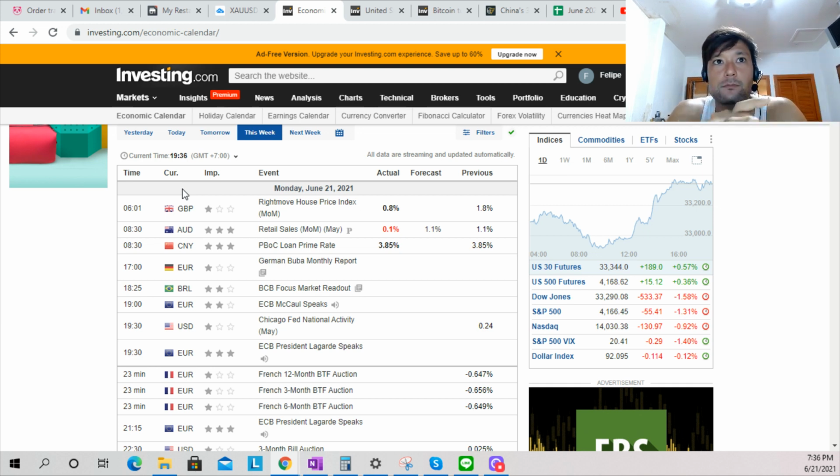The key thing is that last week there was a huge price surge in the dollar, with very strong bullish momentum after Powell and the Fed meeting, where they said they're planning to raise interest rates sooner than expected and also taper asset purchases sooner than expected. Both of these things are very bullish for the dollar and consequently very bearish for gold, right?